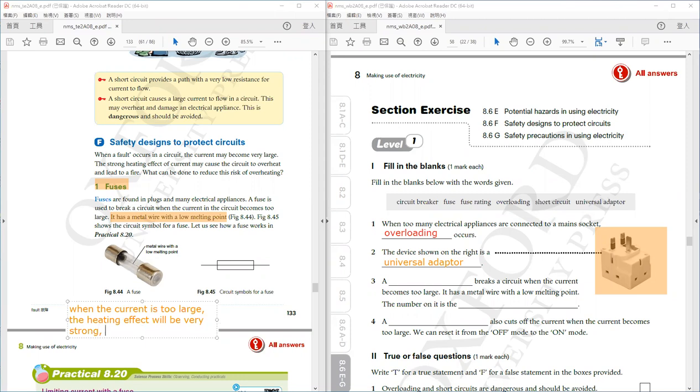So it melts the wire and breaks the circuit. Okay, so you understand the function of this fuse when the current is too large. So we call this the fuse.